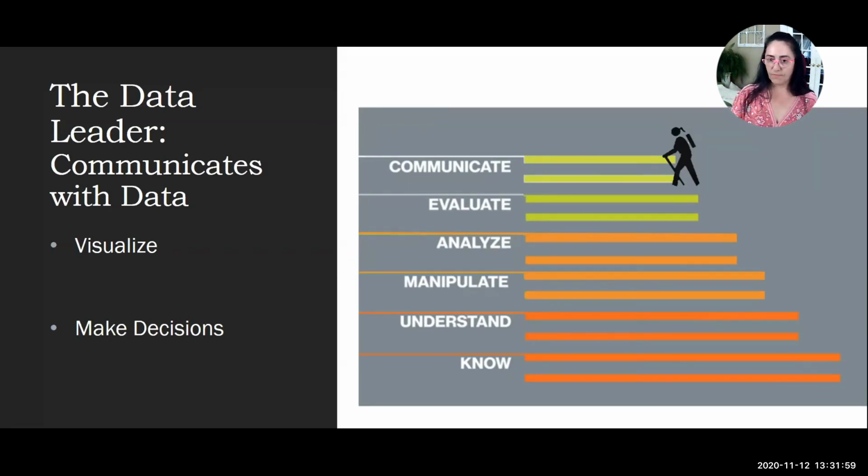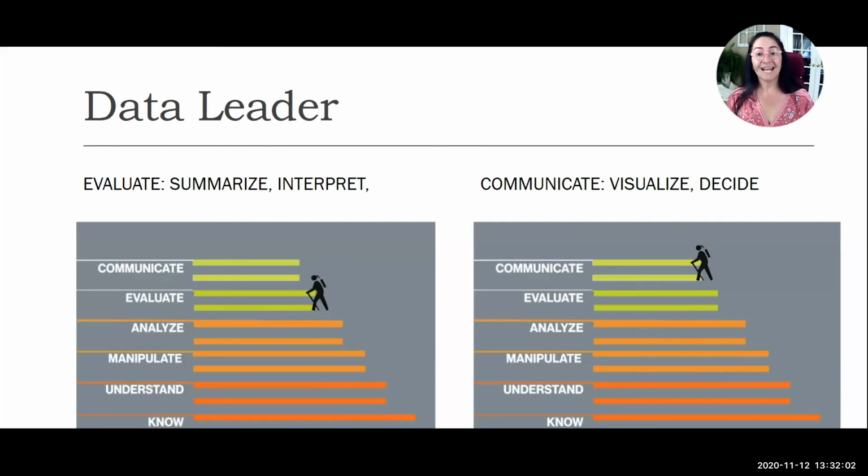Now, you don't see here the last step. My mountain climber has not made it to the top because she's gotten to the last stage, which is communicate, right? There's no ribbon here waiting at the top, because visualizing and deciding is, in and of itself, a skill set, but the data is forever changing. The decisions that we have to make are forever changing. The stakeholders are forever changing, and what's at stake is forever changing.